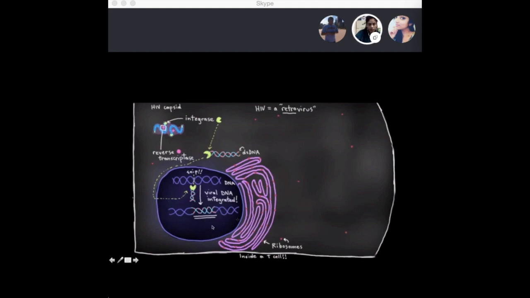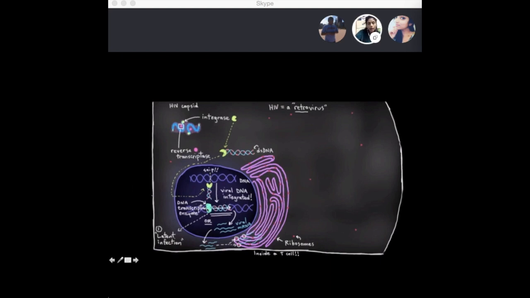And so here you can see the viral DNA integrated into the normal CD4 DNA. And then from there, the cell will transcribe it like normal and create proteins.